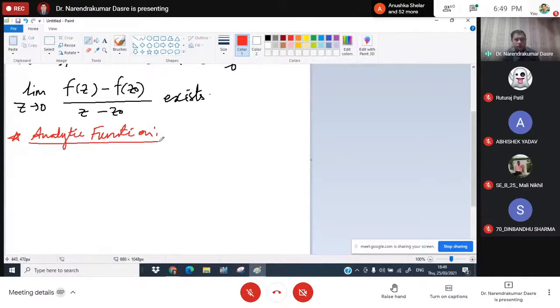Okay, so if we know that the function is differentiable at a particular point, z is equal to z0, then we need to see whether the function is differentiable at every point or not.